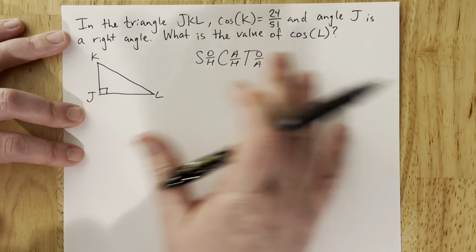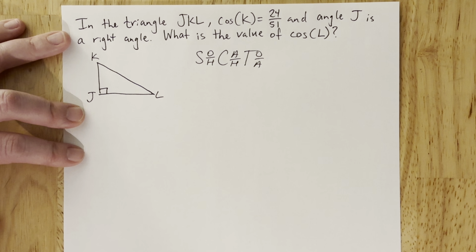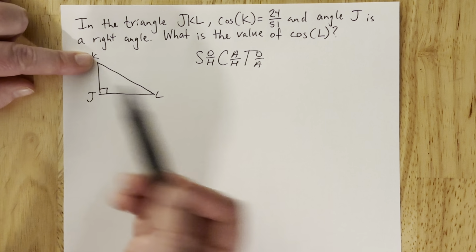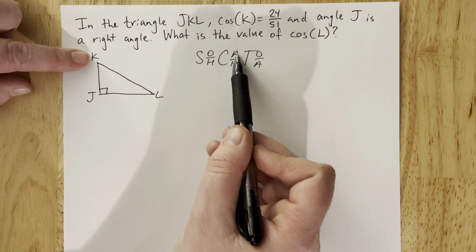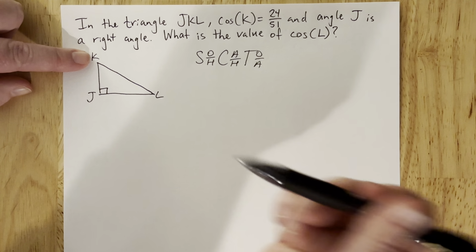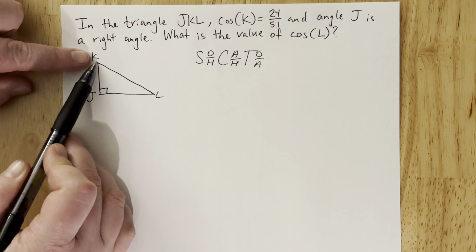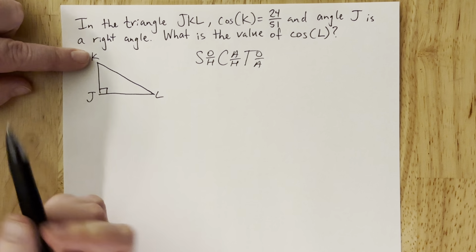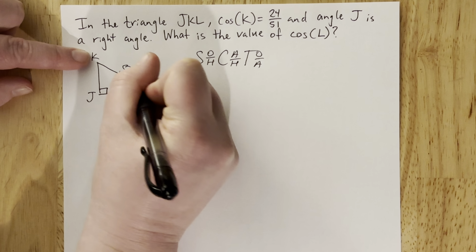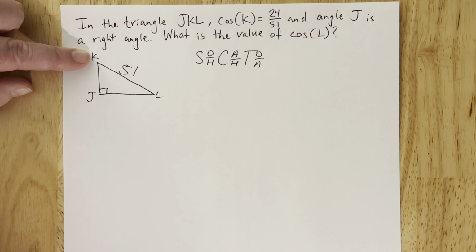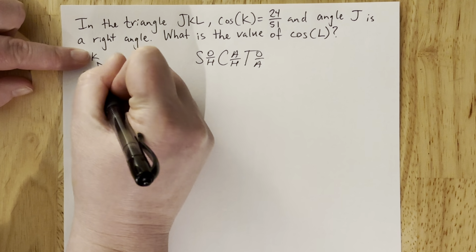I'm going to use this fact along with this fact to fill in parts of my triangle. We're at K, and cosine is the adjacent side over the hypotenuse. The adjacent side is going to be touching K, and the hypotenuse is the long side across from our right angle. So I'm going to label our hypotenuse 51 and this adjacent piece 24.